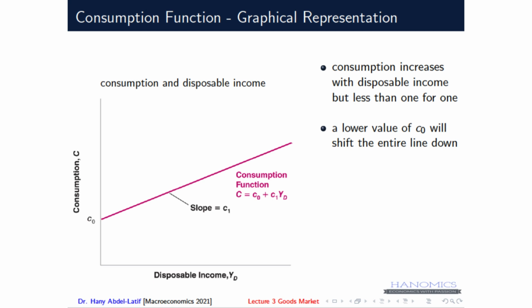First, the position of that line will be determined by the level of C0, the level of consumption when your disposable income equals 0, and the slope of this function is determined by the marginal propensity to consume, which again, is positive. That's why we have an upward sloping line. And in terms of the magnitude of C1, we already know it's going to be between 0 and 1.